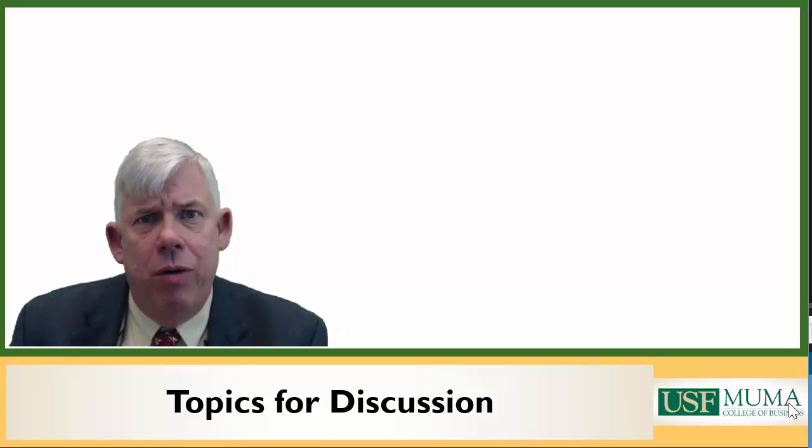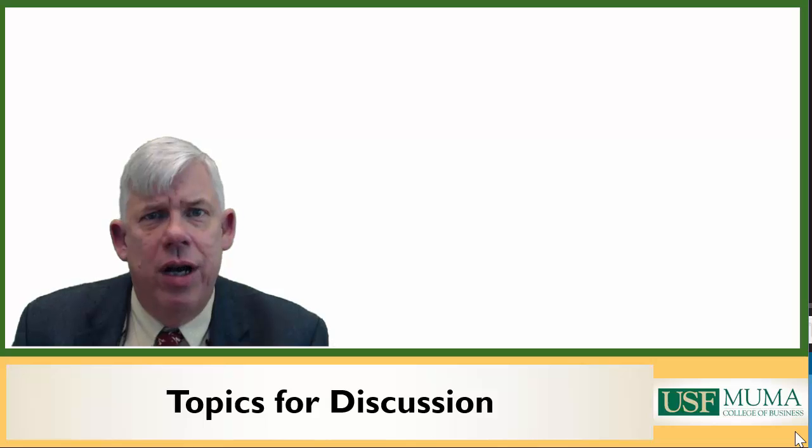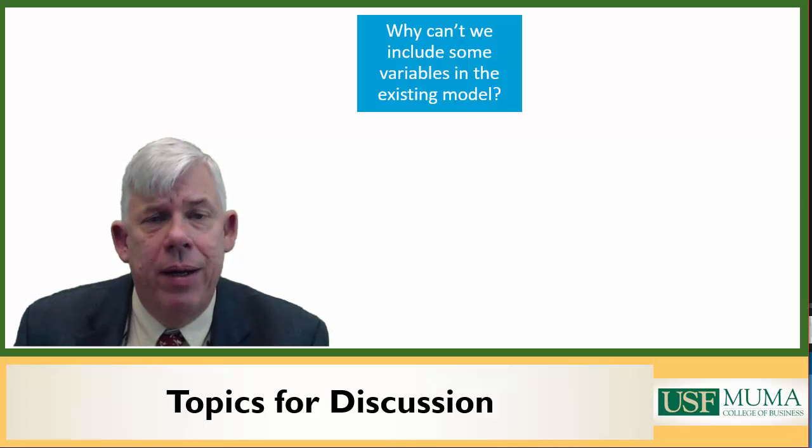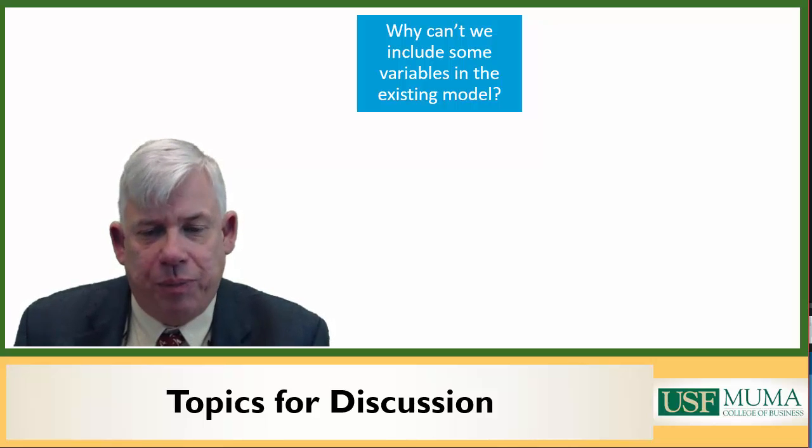So after we did the regression in the workshop, we had a discussion, and I'll just try to hit some of the high points of the discussion and provide some of my thoughts on it. We already talked a little bit about why we can't include some variables in the existing models, and there are three reasons that we encountered.